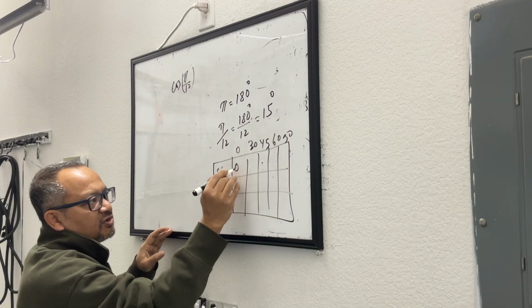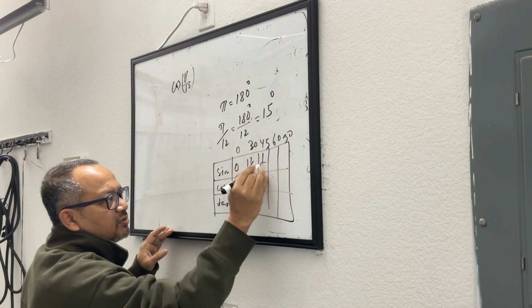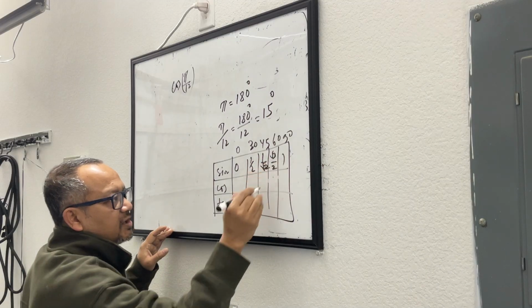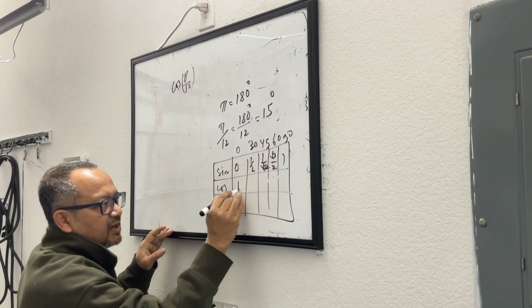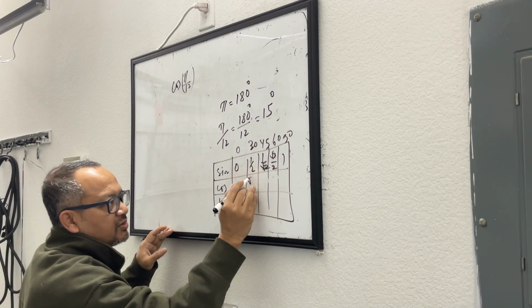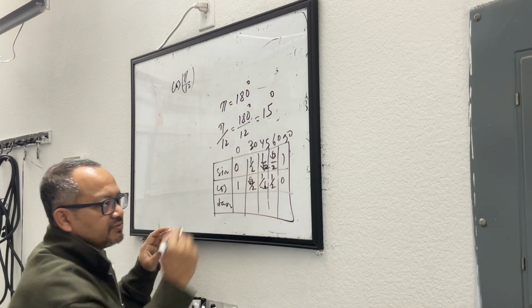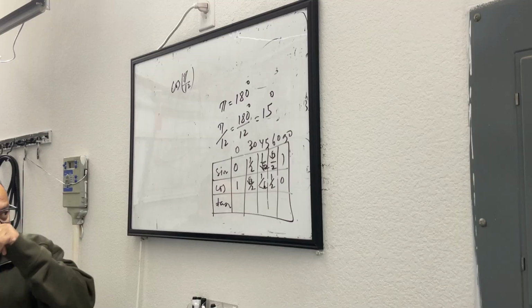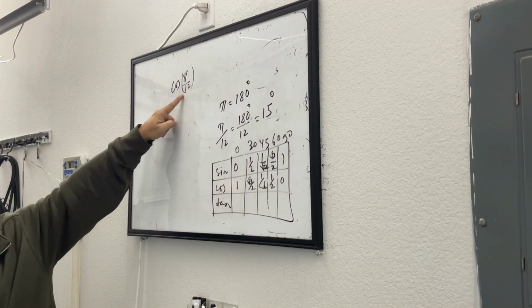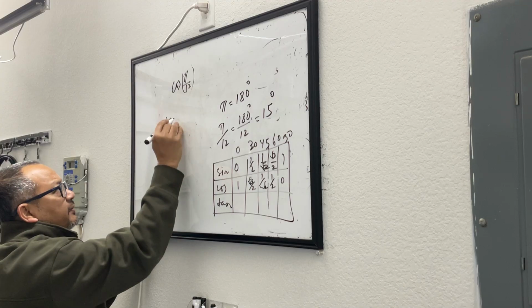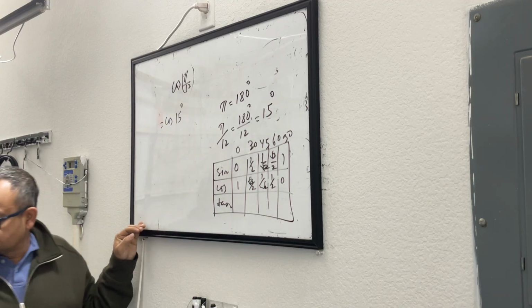Sine 0 is 0, 1 by 2, 1 by root 2, root 3 by 2, 1. And then this whole thing repeats in the reverse order: 1, root 3 by 2, 1 by root 2, 1 by 2, 0. I'll stop here. So if I'm trying to find cos of pi over 12, I'm essentially trying to find cos of 15 degrees.